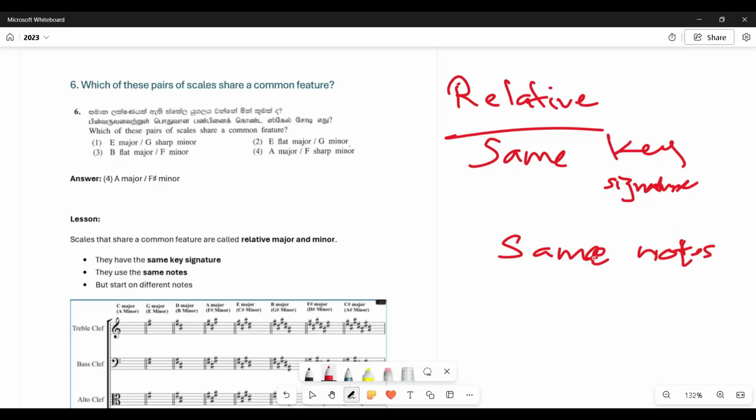If it's natural minor, it's the same notes as its relative major. So same notes, and the difference is only that they start on different notes.